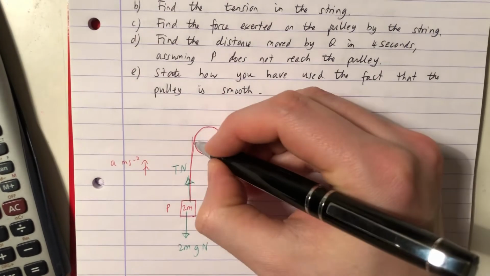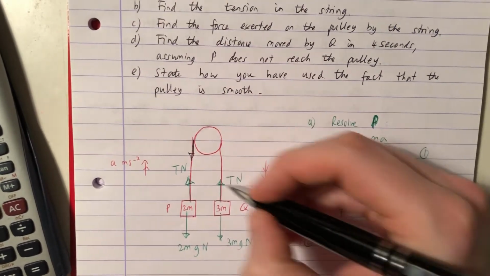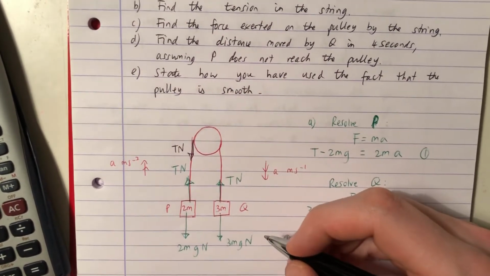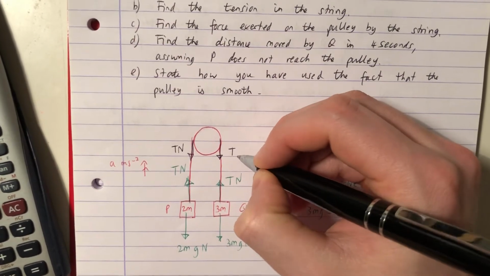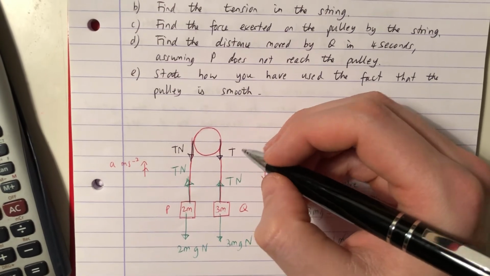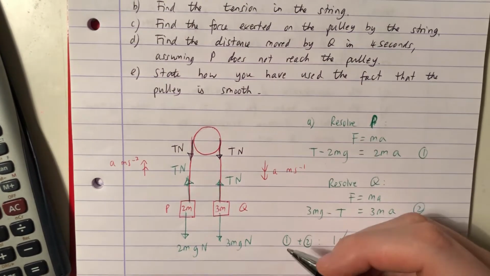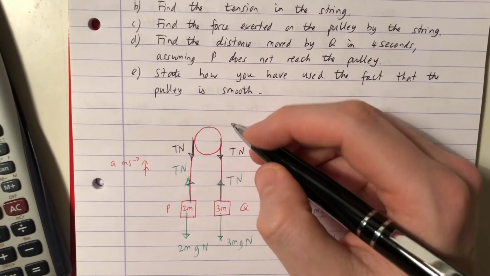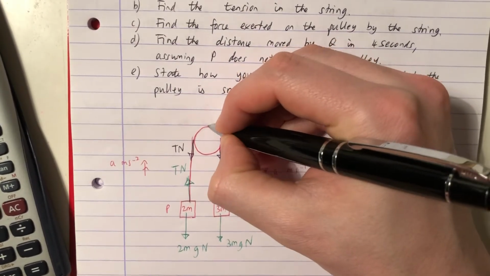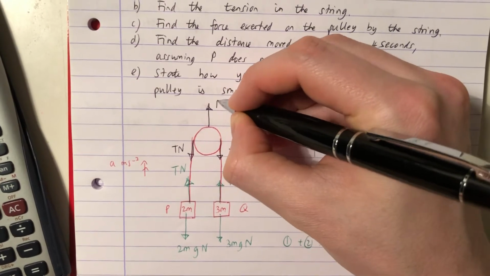So the string, well, there'll be a tension pulling it down there, and there'll be a tension pulling it down there. But then it's in contact with the pulley, so there's going to be a reaction force there.